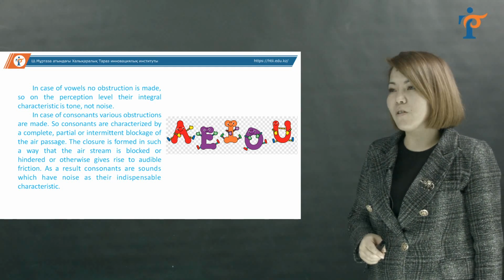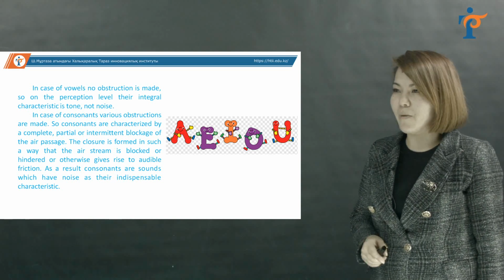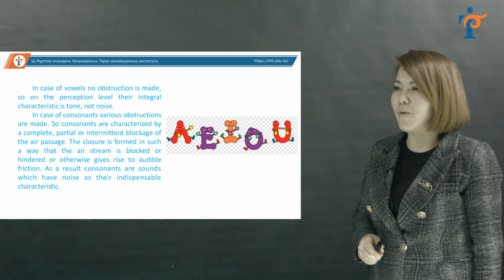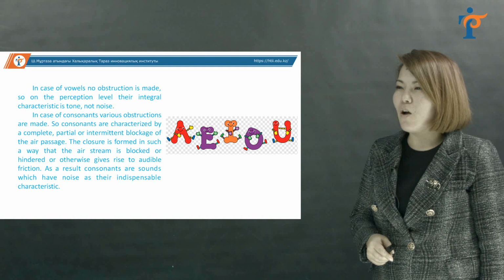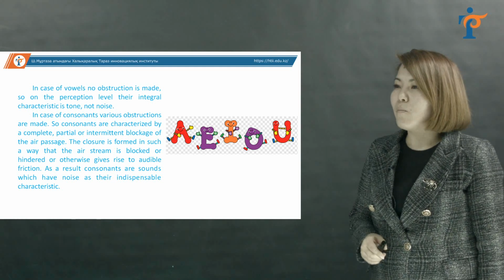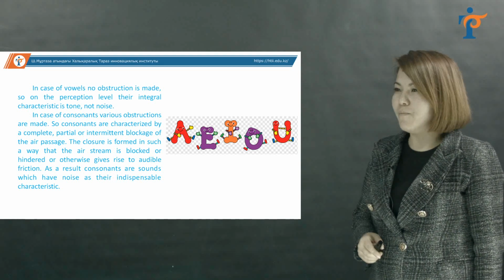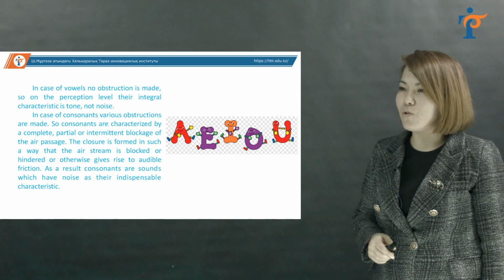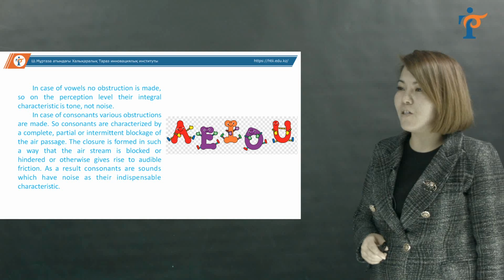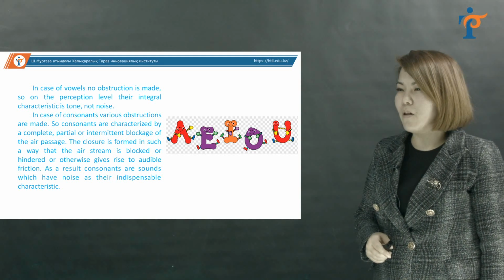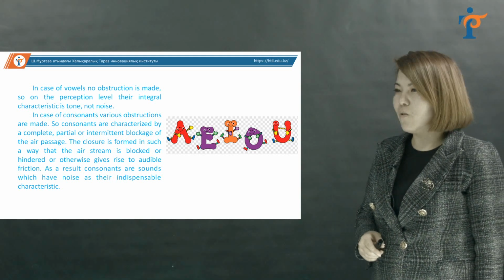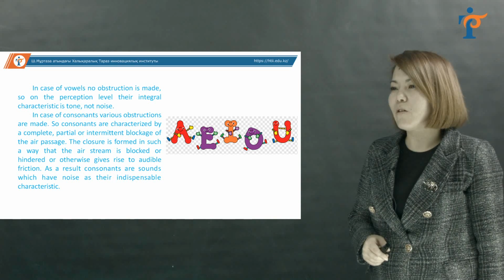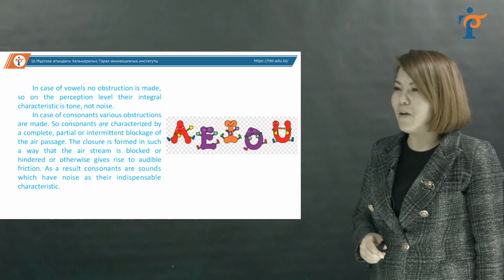In the case of consonants, various obstructions are made, so consonants are characterized by a complete, partial or intermittent blockage of the air passage. The closure is formed in such a way that the air stream is blocked or hindered or otherwise gives rise to audible friction. As a result, consonants are sounds which have noise as their indispensable characteristic.